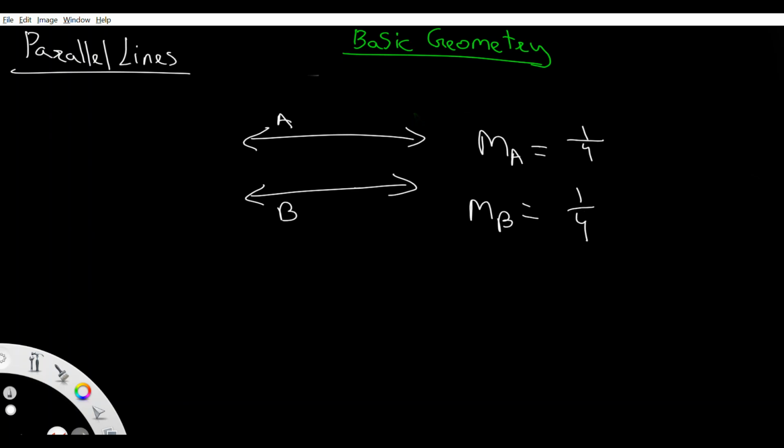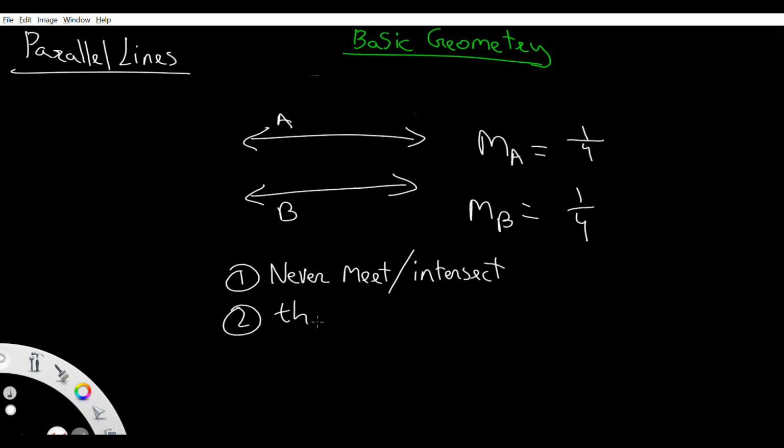So the two properties we know about parallel lines: one is that they never meet, they never intersect. Two is that they have the same slope.